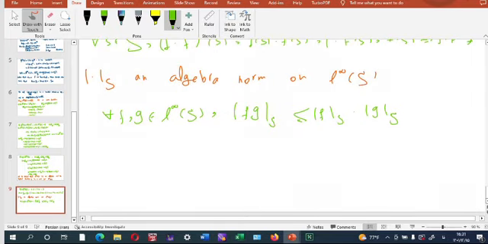Because, for example, this norm is this supremum, okay? The supremum of |f(s)g(s)| such that s belongs to S.